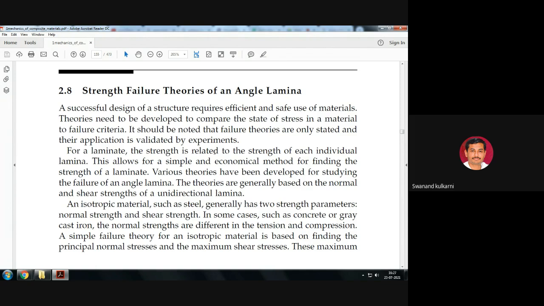So strength failure theories of an angle lamina of the composite material. In order to design, or for successful design of any structure, it requires the efficient and safe use of materials. Is it okay?